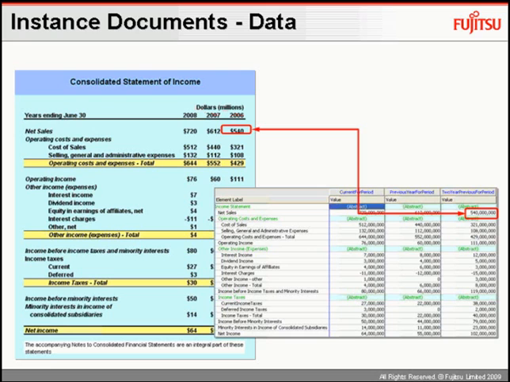So we'll go into this in a little bit more detail and show you how all this hangs together. See here that we've got the net sales, and that links right through to a particular value in this instance. You notice too that we've got the year 2008. In this case, that refers to current period.